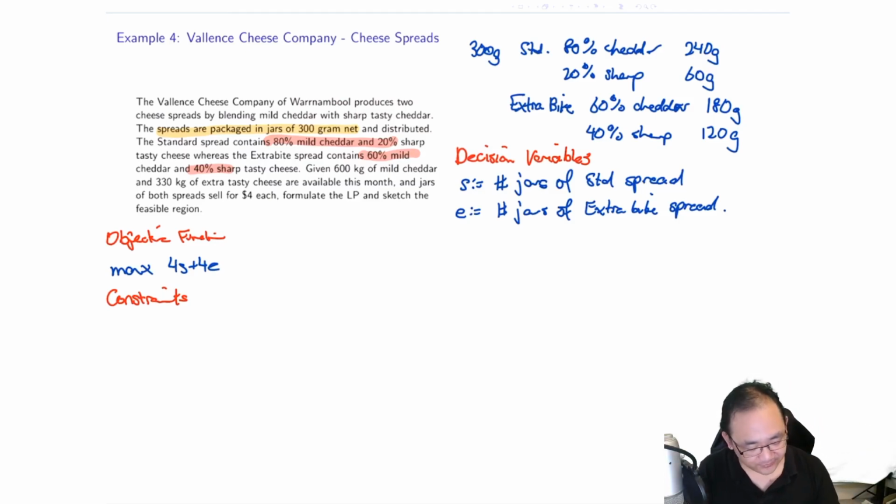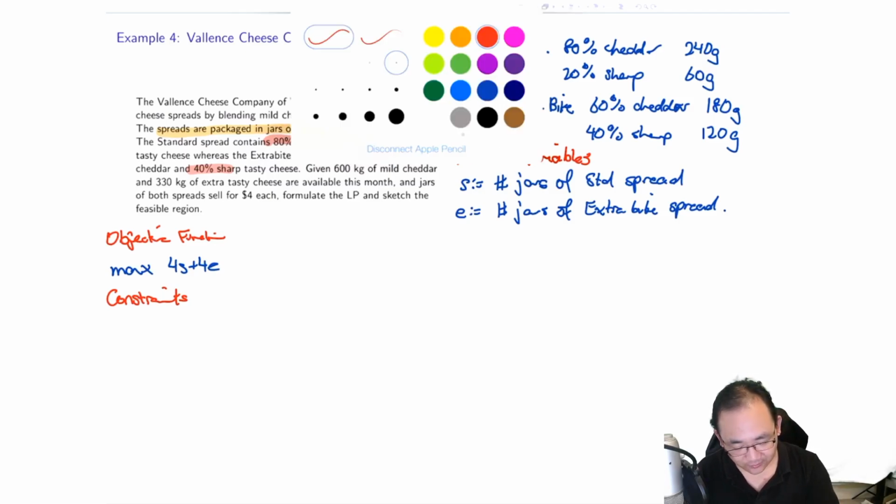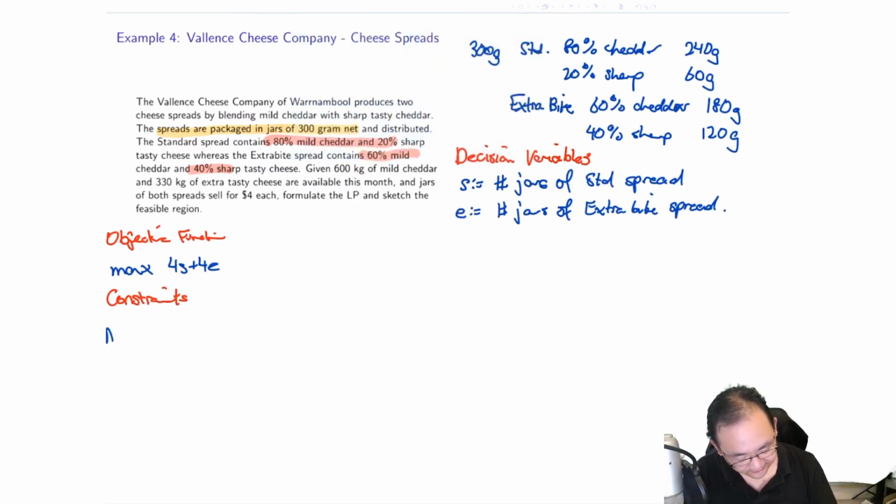There's a few different ways to address this. We can address this on a case by case basis, or we can try and multiply the whole thing by a particular constant. First we're gonna start with the mild cheddar availability.